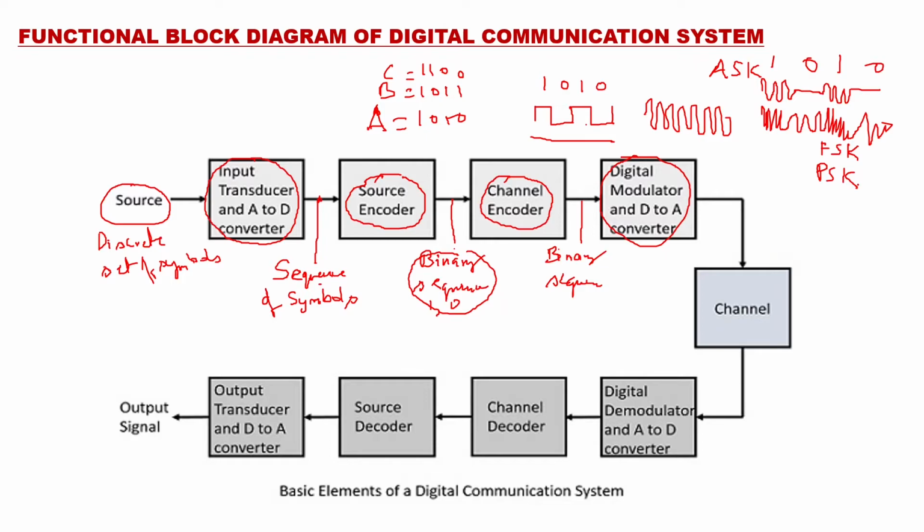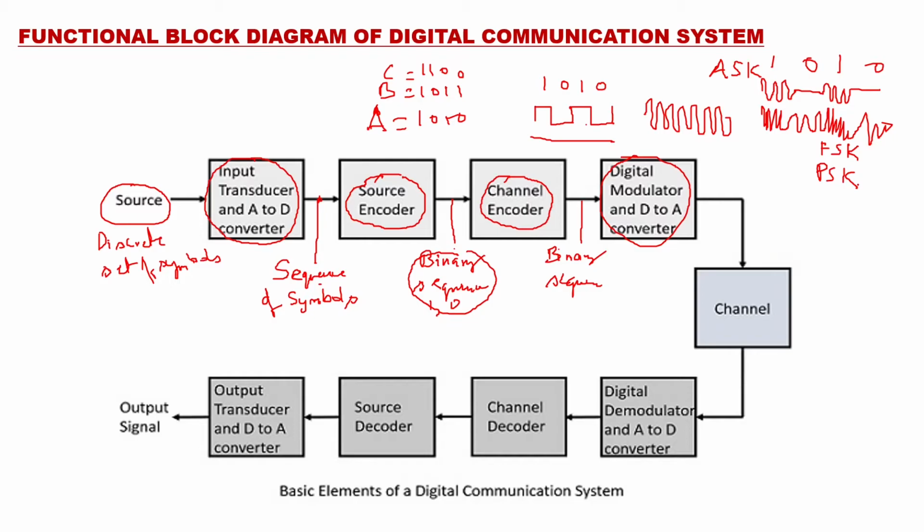Now on a similar concept, in analog communication you have studied amplitude modulation, frequency modulation, and phase modulation: AM, FM, and PM. Here AM is represented like ASK, FM like FSK, and PM like PSK, because our information is in digital, binary form and it is going to modulate the carrier.